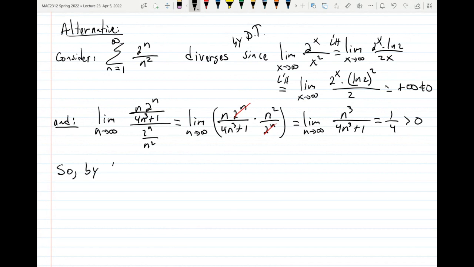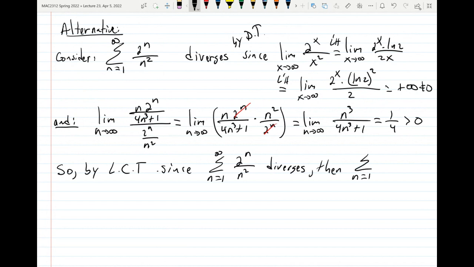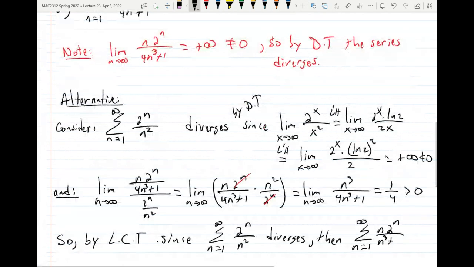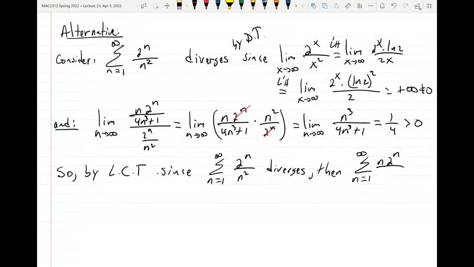So by limit comparison test, since we already argued that this guy diverges, then the original series, four n cubed plus 1, diverges.